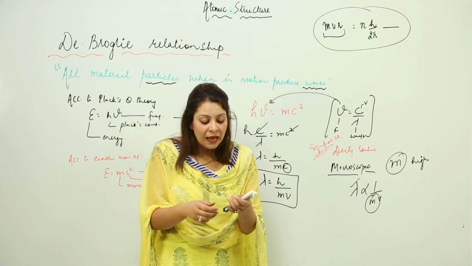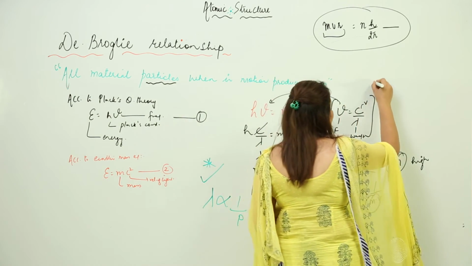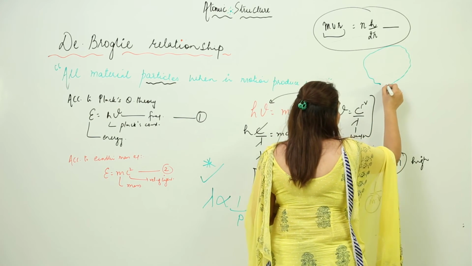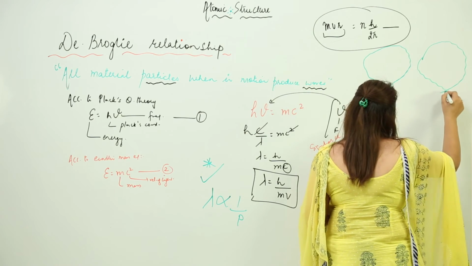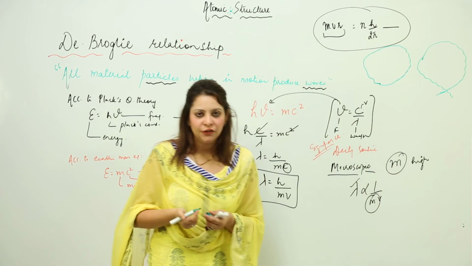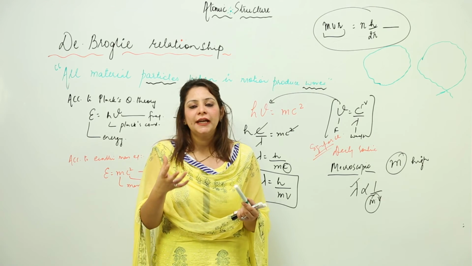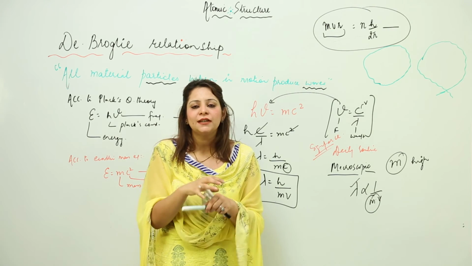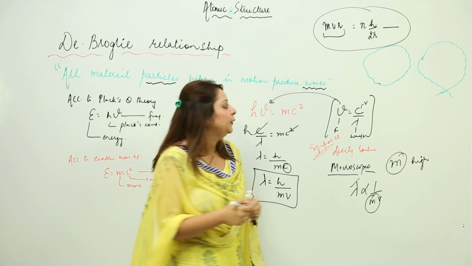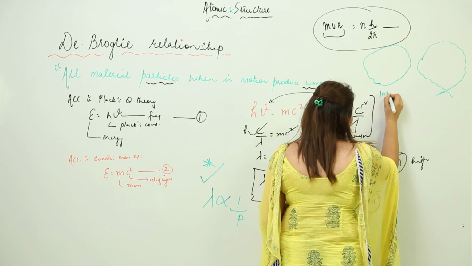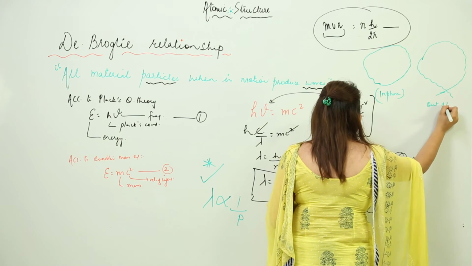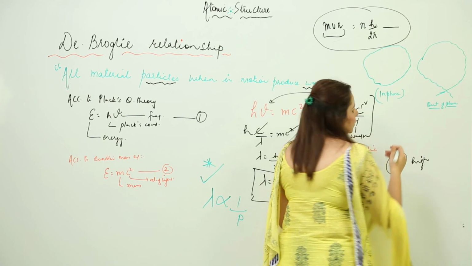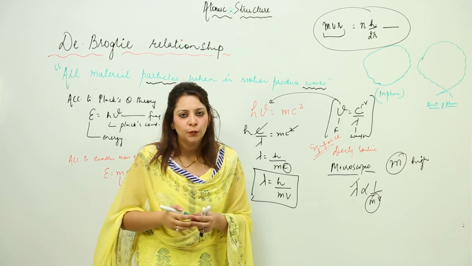So this can happen that the ends of the wave meet each other, or the ends of the waves do not meet each other. Anything can happen, right? When the two ends of the wave meet with each other, they are said to be in phase. So this is my wave which is in phase, and this is my wave which is out of phase, because the ends are not meeting at one point.